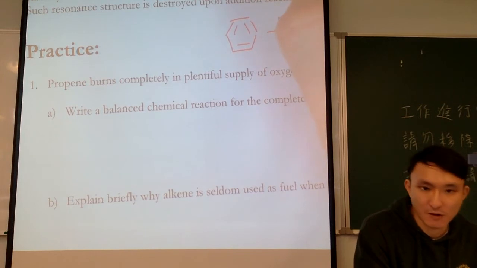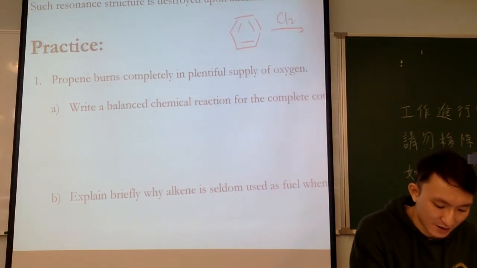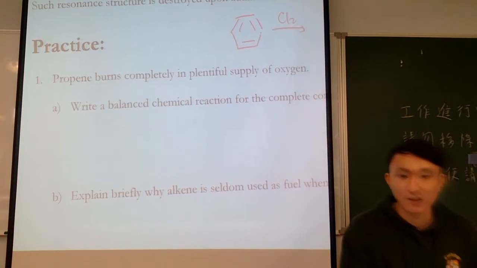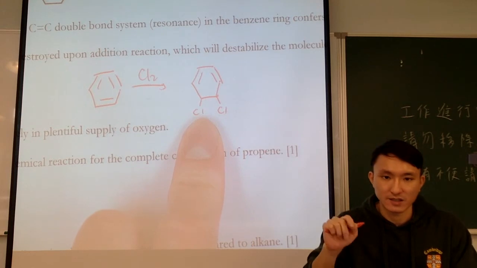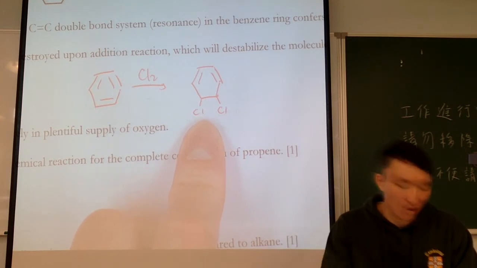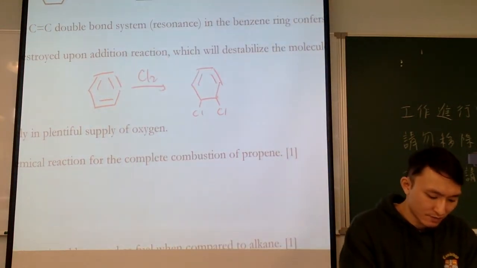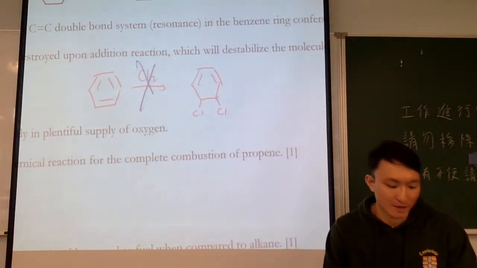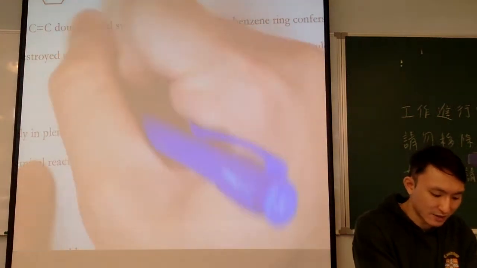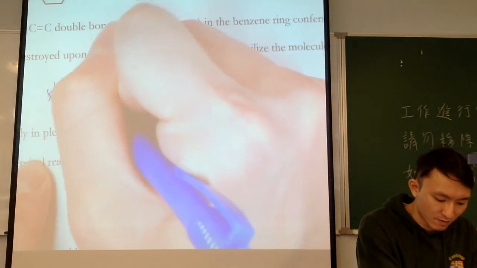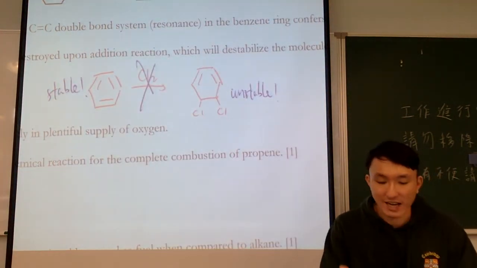Say for example, it reacts with chlorine, then they may form something like this, right? And you see, do you still have the alternating CC double bond system? No. So this reaction does not occur, because this is unstable. This is stable. So that's the idea.